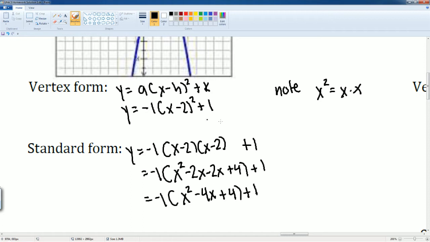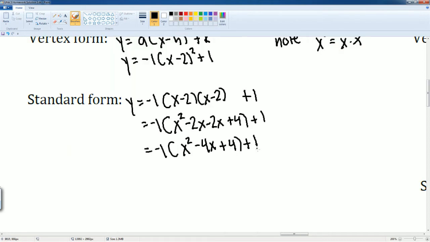All I did was FOIL here. Now I'm going to distribute that negative over. Negative x squared plus 4x minus 4. Do you see how there's a plus 1 in the end? Plus 1. So negative x squared plus 4x minus 3.